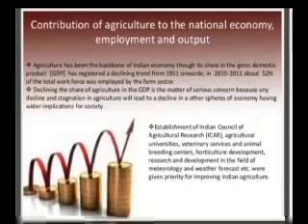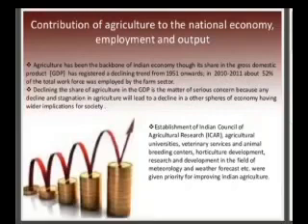The declining share of agriculture in the GDP is a matter of serious concern because any decline and stagnation in agriculture will lead to a decline in our other spheres of economy, having wider implications for society.